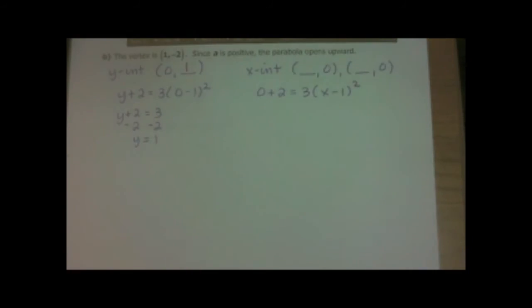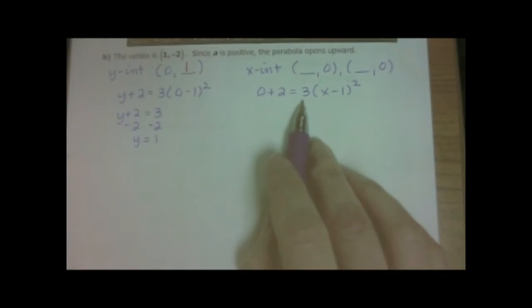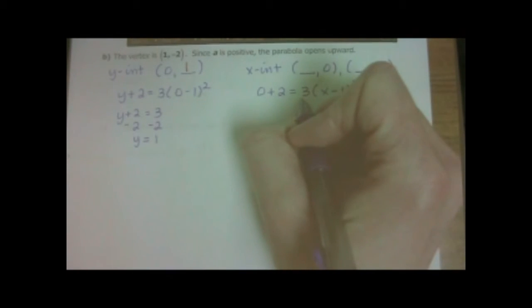And so what I'm going to do is put 0 in for y. So I have 0 plus 2 equals 3 times x minus 1 quantity squared. The first thing I've got to do is get rid of this 3 that I have here in front of my binomial. So divide both sides by 3.